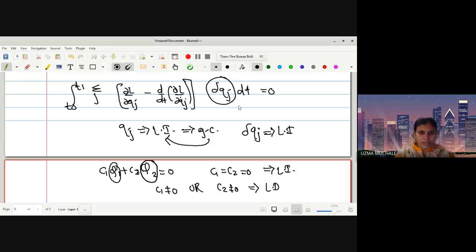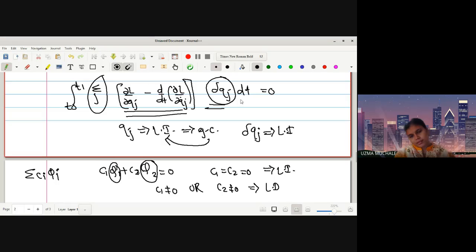This C1 Phi1 I can write as summation over i Ci Phi i. So this summation we can write in the form of a sum, then this term will be treated as a constant, and this is your function. Correct? Getting me?